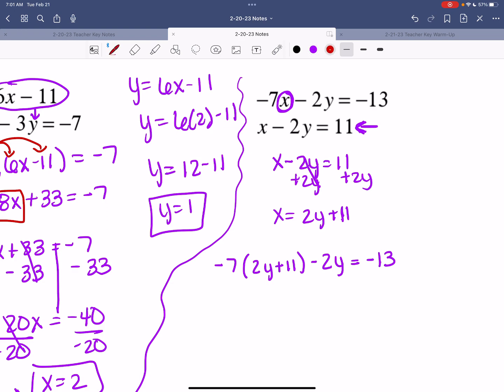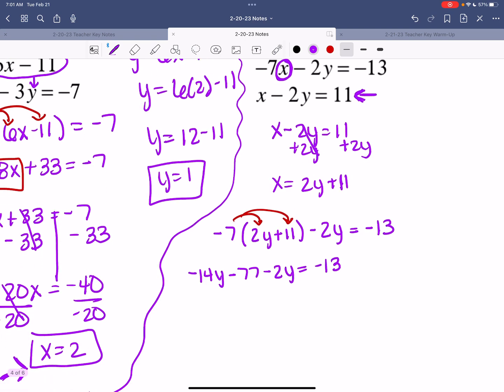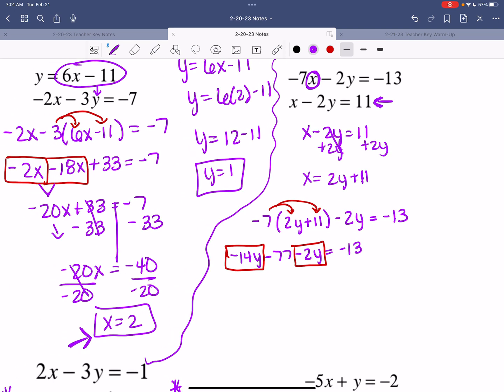A number in front of parentheses means to distribute. So this is going to be negative 14y minus 77 minus 2y is equal to negative 13. From here, I'm going to combine like terms. I have a negative 14y and a negative 2y. When I combine those, it's negative 16y minus 77 is equal to negative 13.